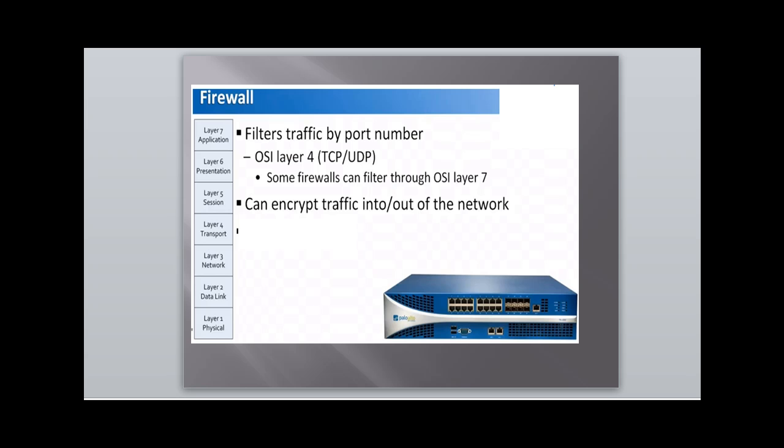So we have a firewall here. As I told you, there are two types of firewall, one is software and the other is hardware. Software is something you have in your PC by default. It's like when you try to download something, you get a pop-up message: do you really want to download this?